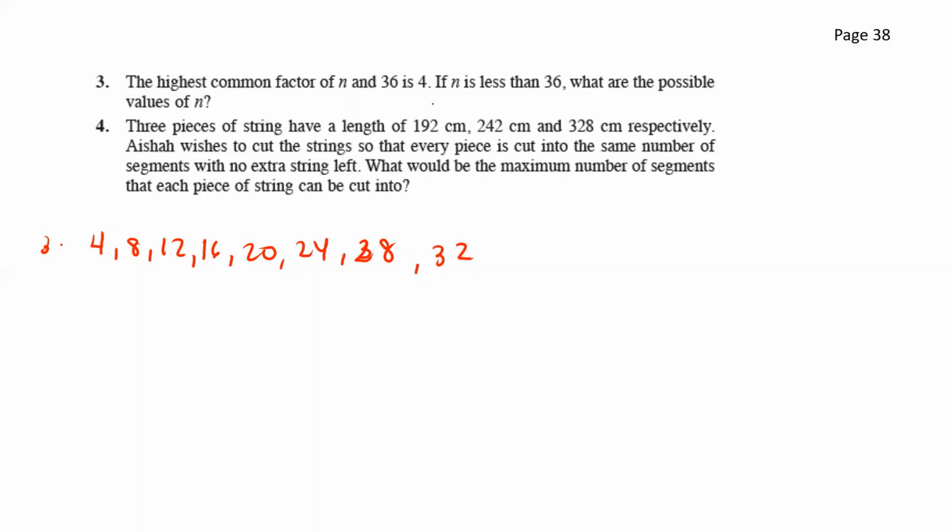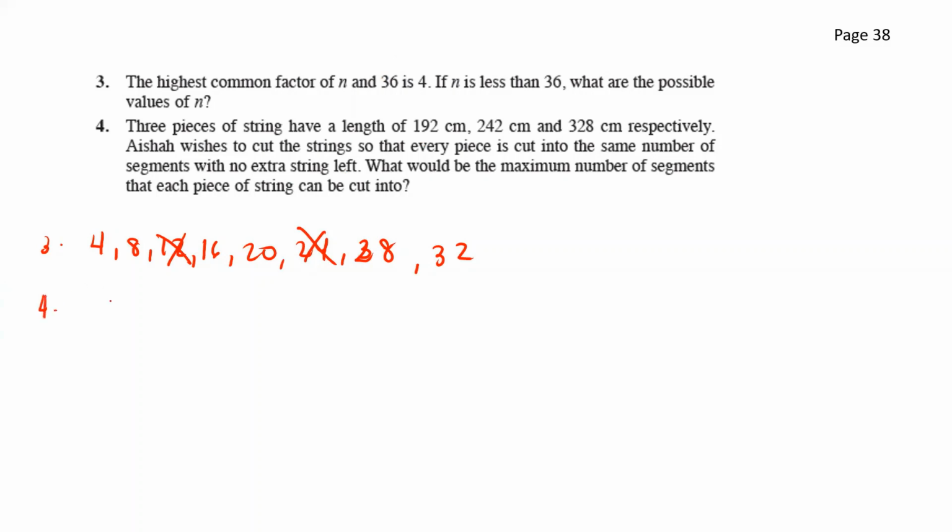However, the number cannot be in the multiple of 36 because then the factor will become 3. It won't be 4. So we'll have to remove this and this. So all of these numbers are possibly n.